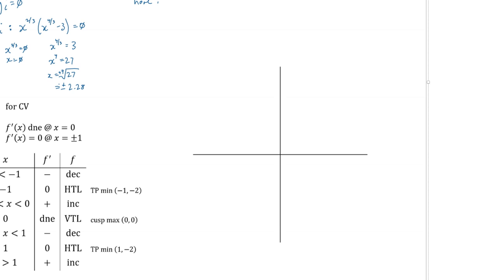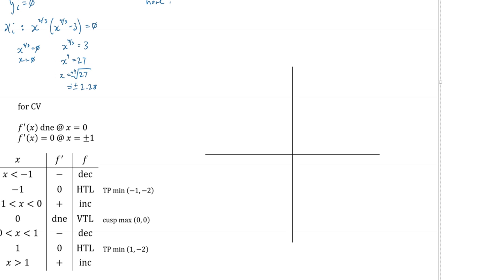Okay, so my intercepts are negative 2.28, 0, and positive 2.28.